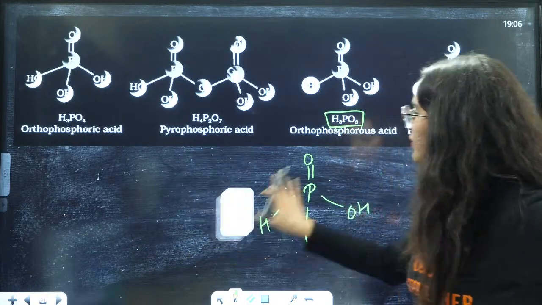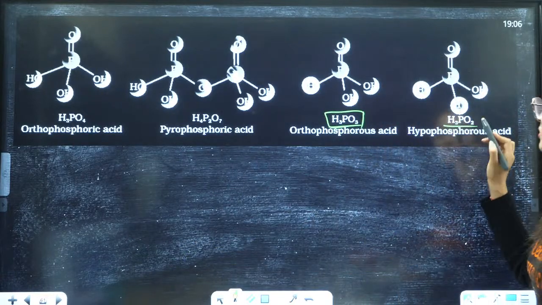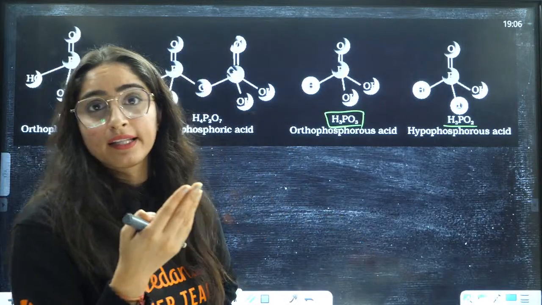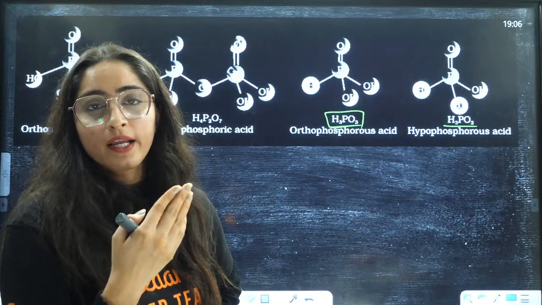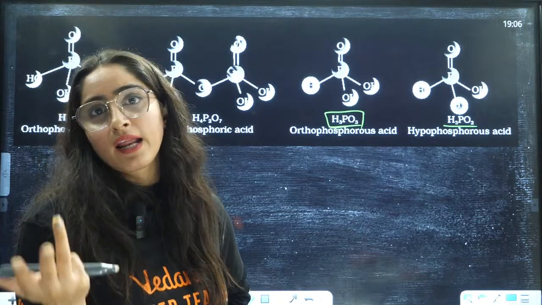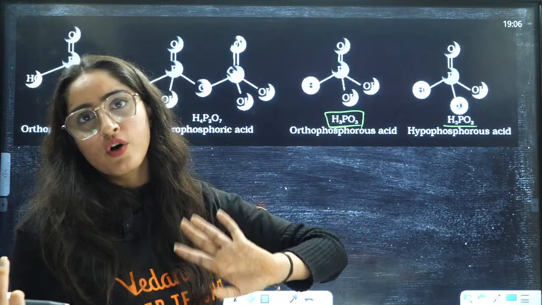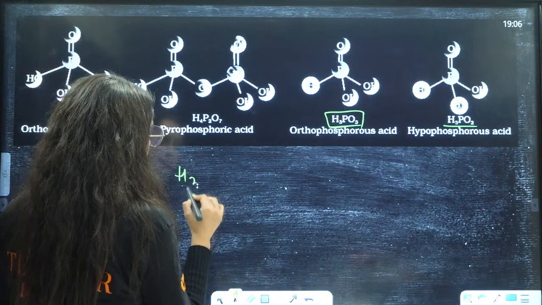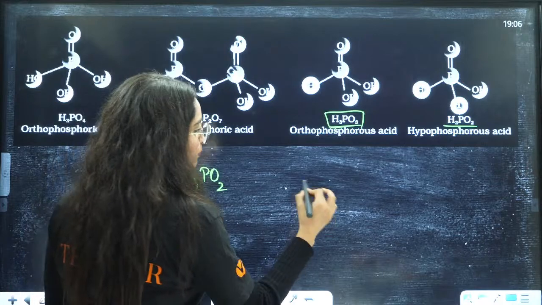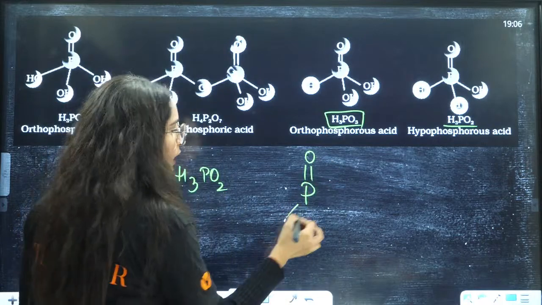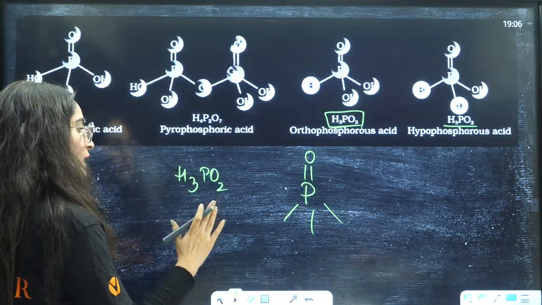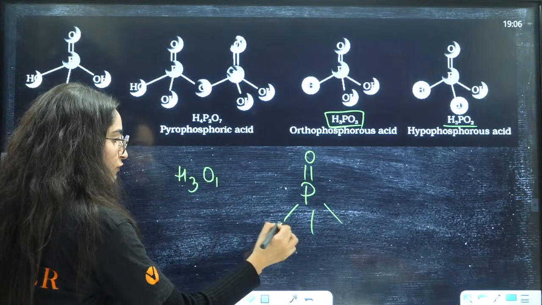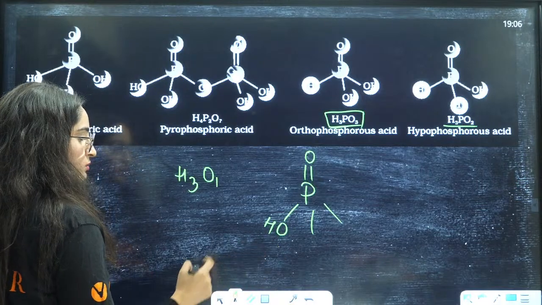Now if they are asking you the structure of H3PO2, they ask this in N factor. That's why I am drawing this for you. When you calculate the valency factor, N factor, you need to know the structures of oxoacids of phosphorus. This is H3PO2. Again P double bond O. Now you have 3 bonds, and you are left with only 1 oxygen, which we use as OH.